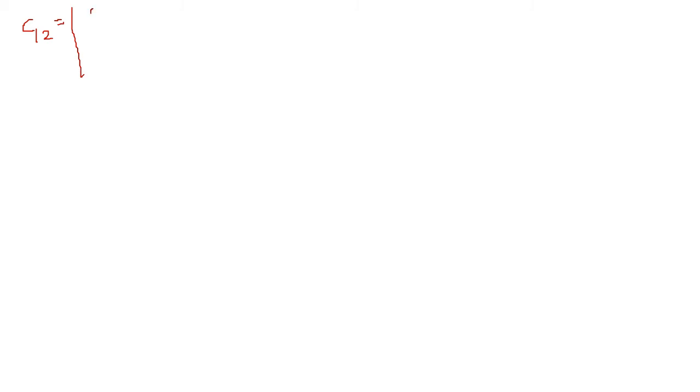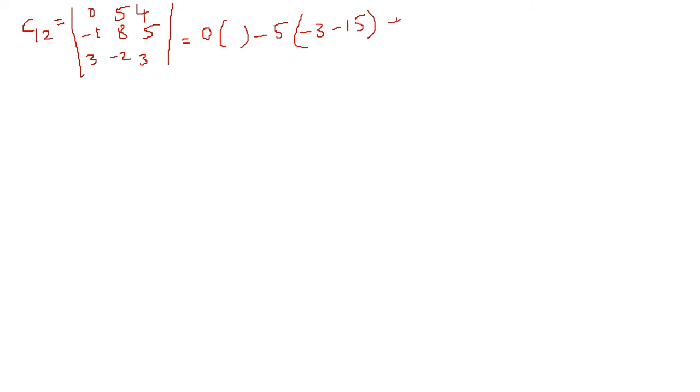C12 is given by the determinant 0, 5, 4, minus 1, 8, 5, 3, minus 2 and 3. So it is equal to 0 into something will be equal to 0, minus 5 into 3 into 1 is 3, and it is minus 5 into 3, 15, plus 4 into 1 into 1 is 2, so it is minus into minus, plus, so 2 into 2 minus 8 threes are 24.